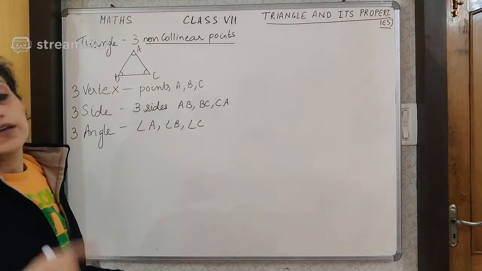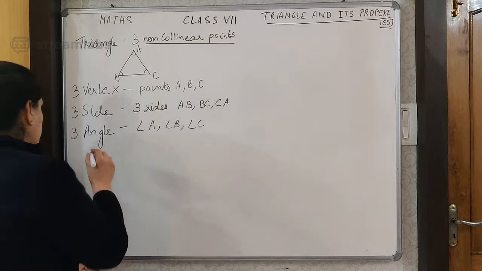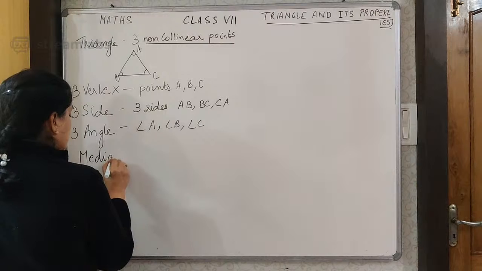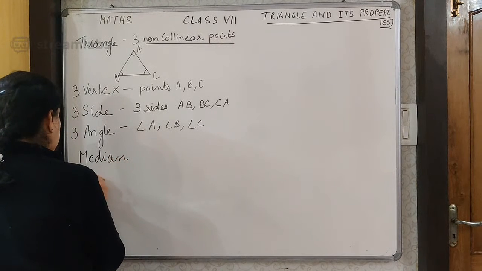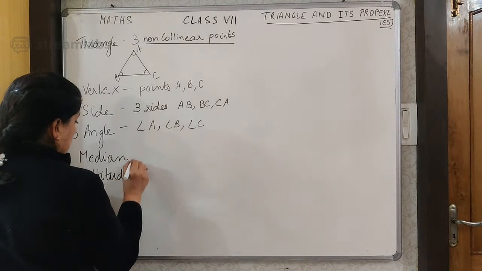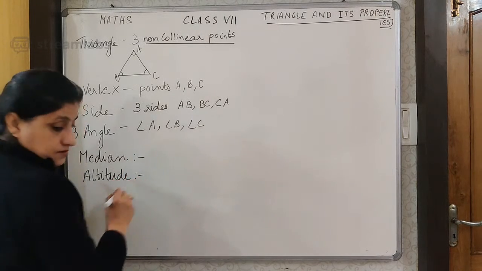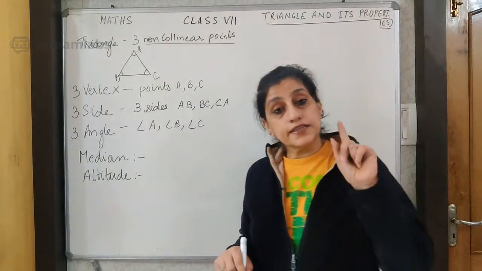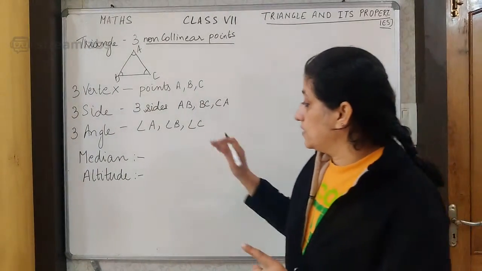Alright children. Then we will be discussing 2 new terms, that is median and altitude. Alright. And we will be discussing the types of triangle.